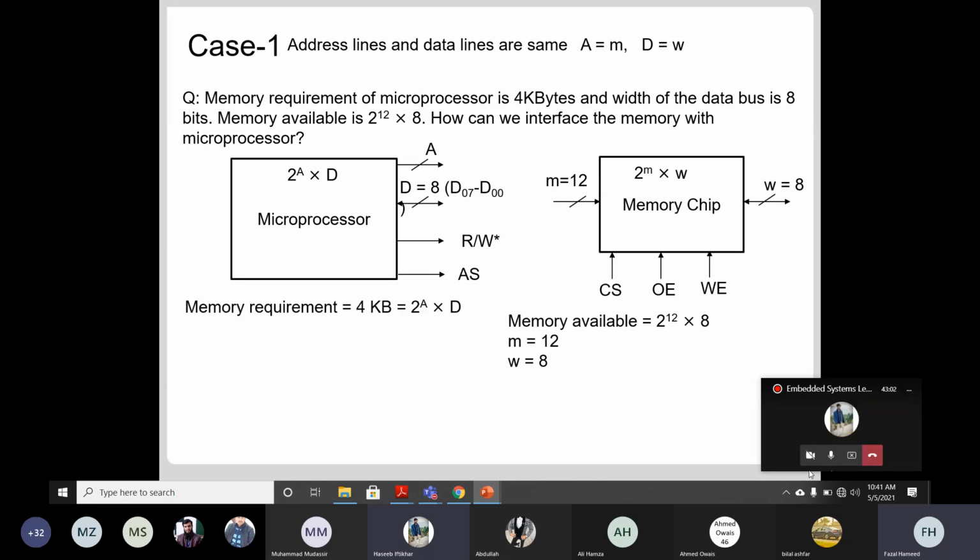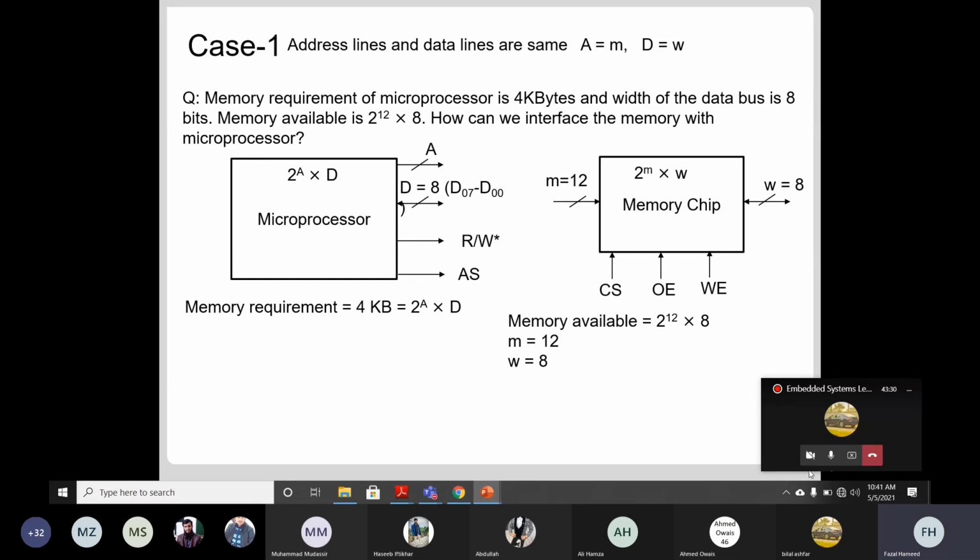Okay. Now, if you look at the memory requirement of the microprocessor, what is the memory requirement of a microprocessor in our example? इंटरफेस करनी है प्रोसेसर से. How much memory microprocessor requires? 4 kilobyte.